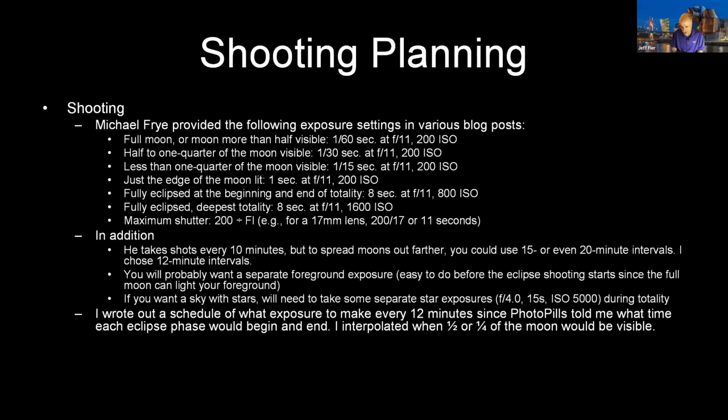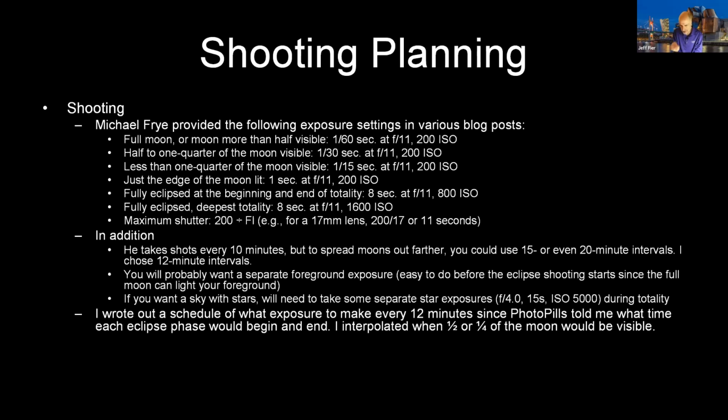So given that there was going to be a whole series of pictures that I was going to have to take with exposures that were varying all through the night, I didn't want to leave this up to chance and me referring to just a short list of suggested exposures. So what I did is I took a piece of paper and wrote out all the times that I wanted to take pictures, starting at the middle when there would be full totality, and working back in 12-minute intervals and working forward in 12-minute intervals.